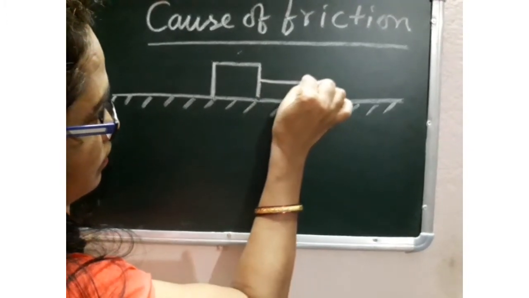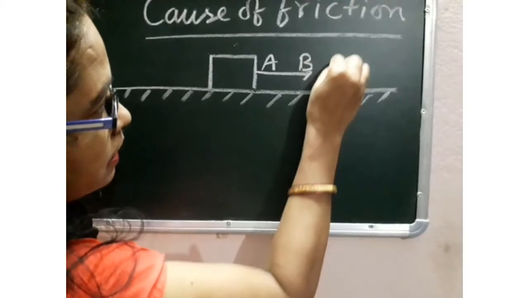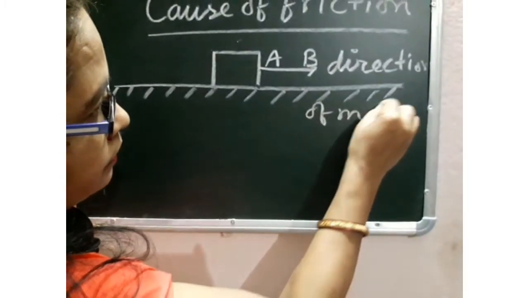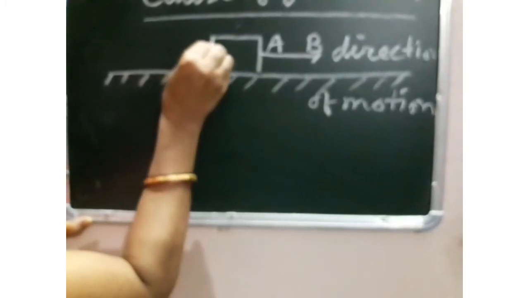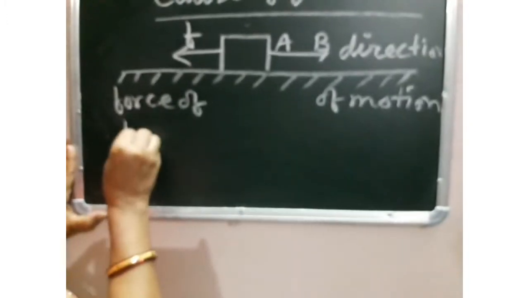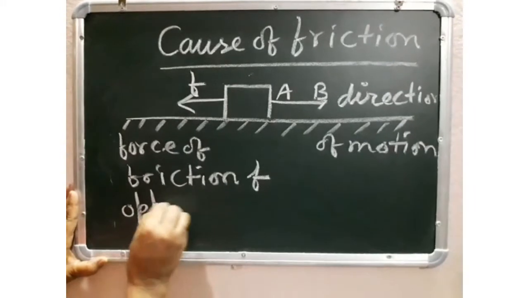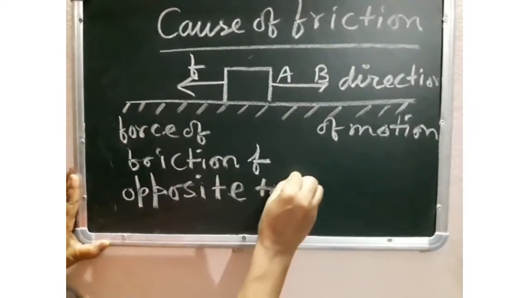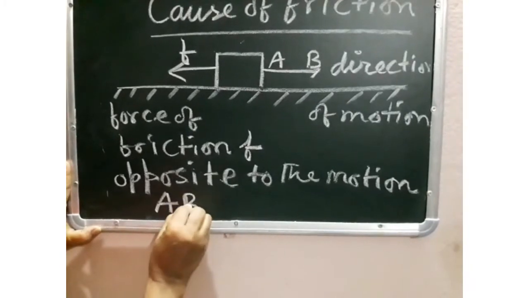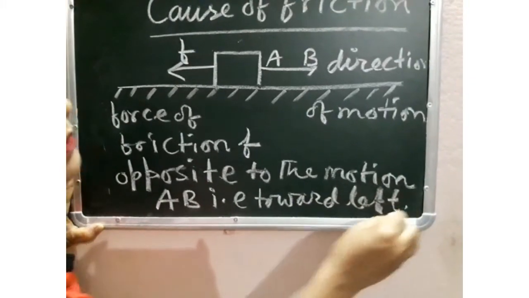The direction of motion, that is motion AB of the object, is towards right, and the force of friction F is opposite to the motion AB, that is towards left.